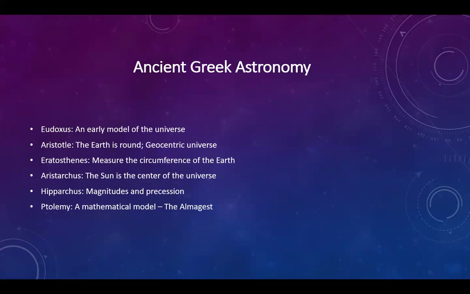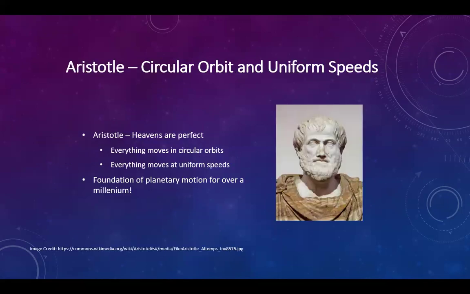And then Ptolemy was able to put together the best mathematical model describing the positions of the planets and predicting them, in a text called the Almagest. This was the astronomy text that went with a related text about astrology, because a lot of early astronomers were astrologers as well.